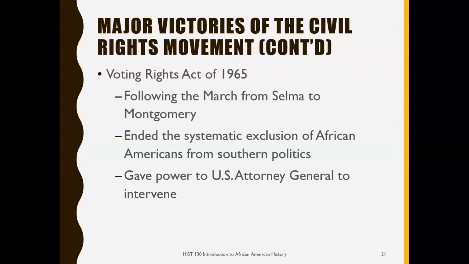So that includes voting registration and also the right to run in public office. And the Voting Rights Act of 1965 also gave power to the U.S. Attorney General to intervene.